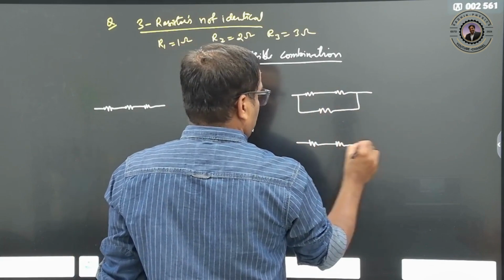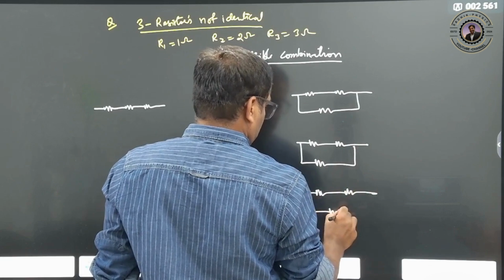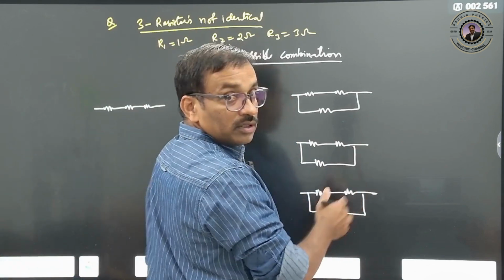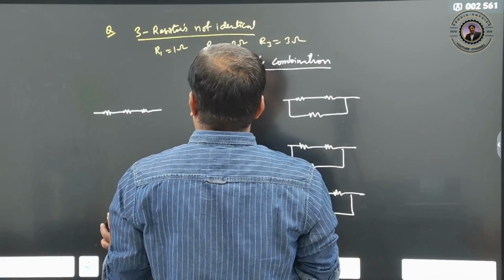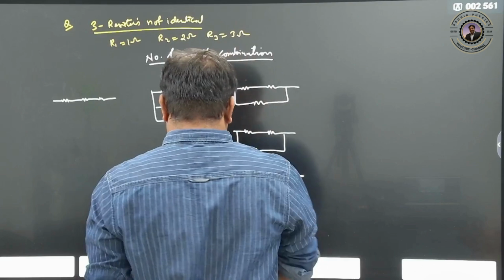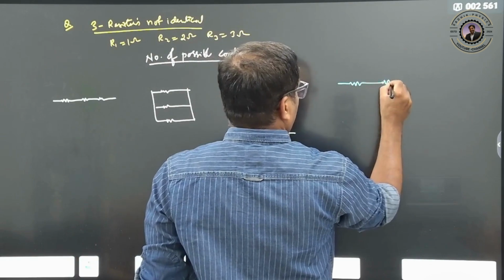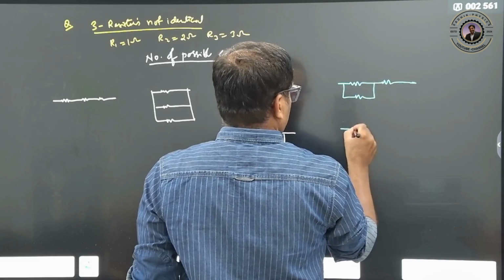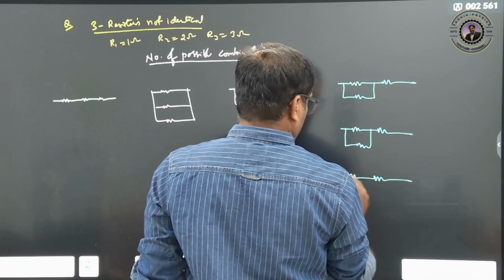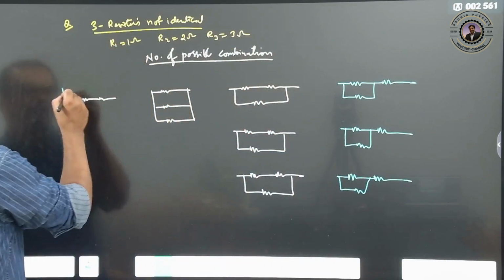So one more arrangement is added. Therefore here 1 ohm, 2 ohm, 3 ohm.